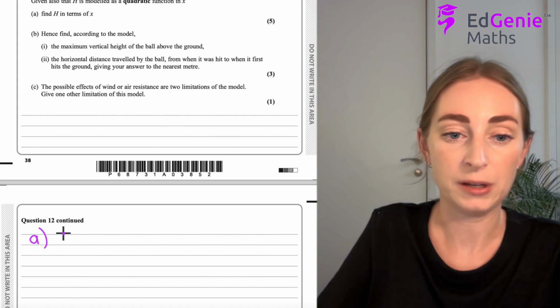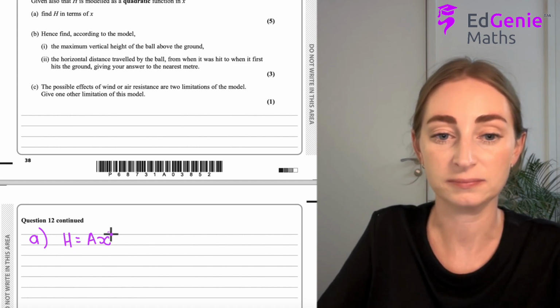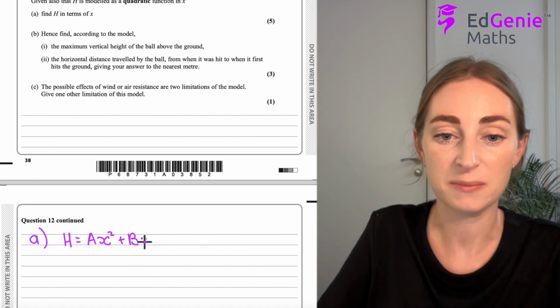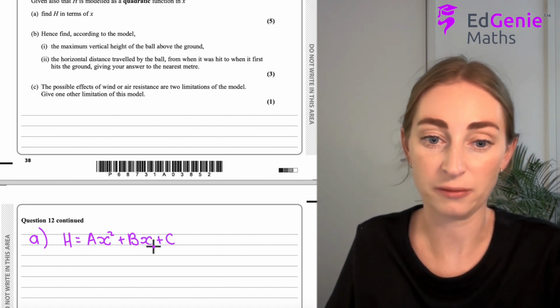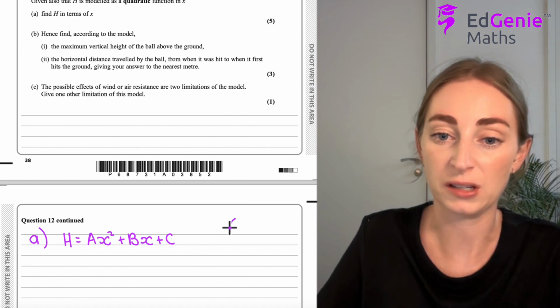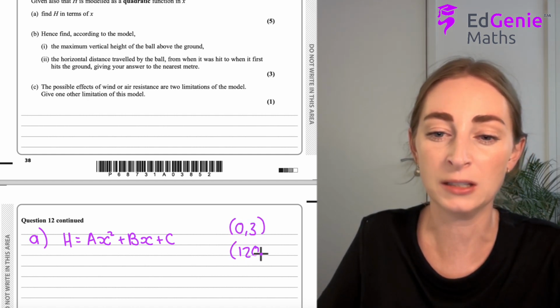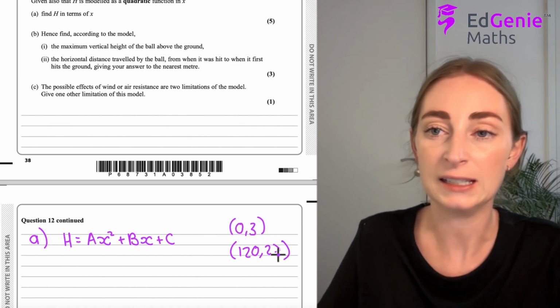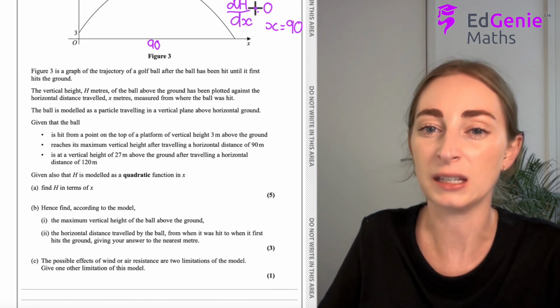Right, so we know that h is going to be ax squared plus bx plus c, because that's the equation of a quadratic graph. We also have our coordinates. So we had 0, 3, and we had 120, 27. Was that right? Let's double check. Yeah, and we'll see if we need this later on.